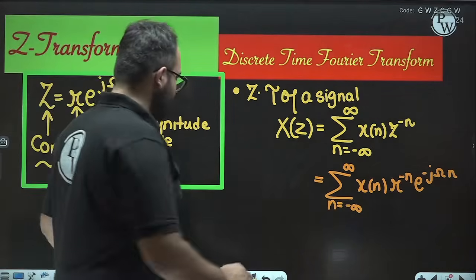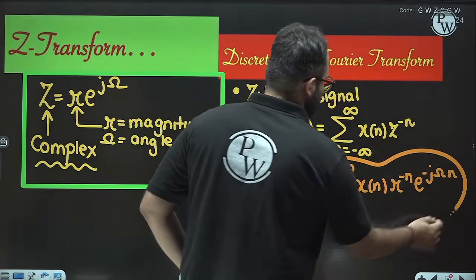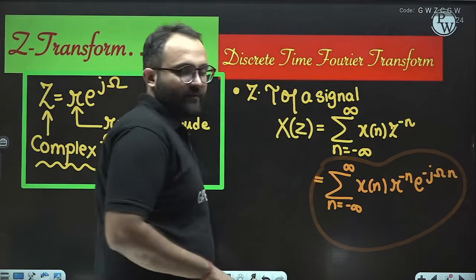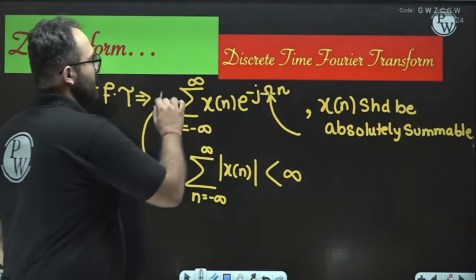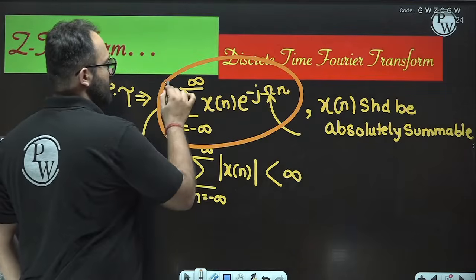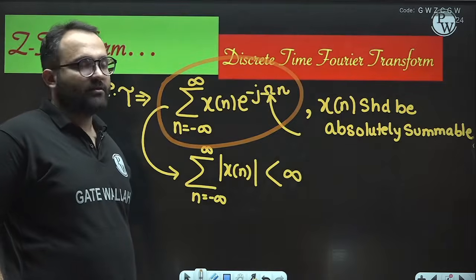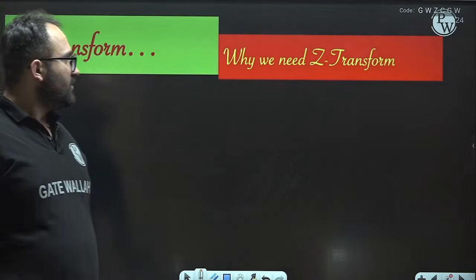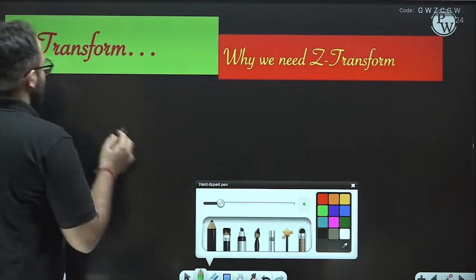This is the Z transform of a signal x[n], and this is the Fourier transform of a signal. If we look at these two formulas, we get a very important result.